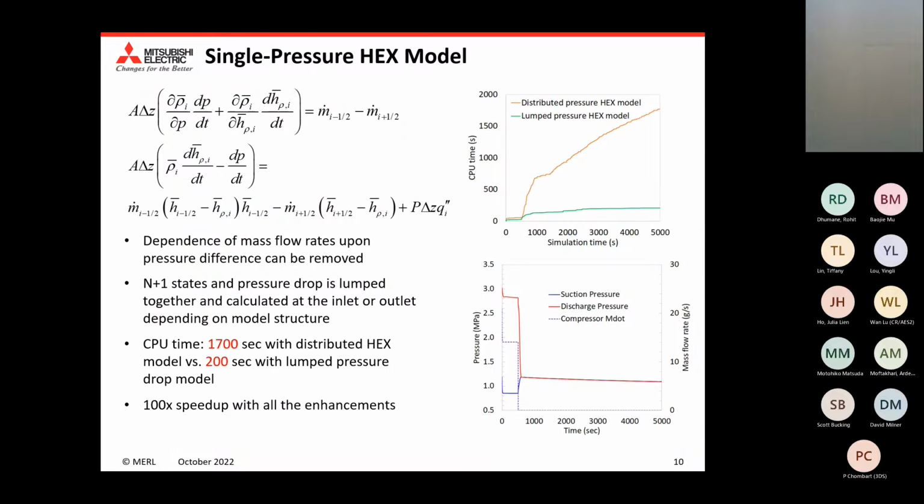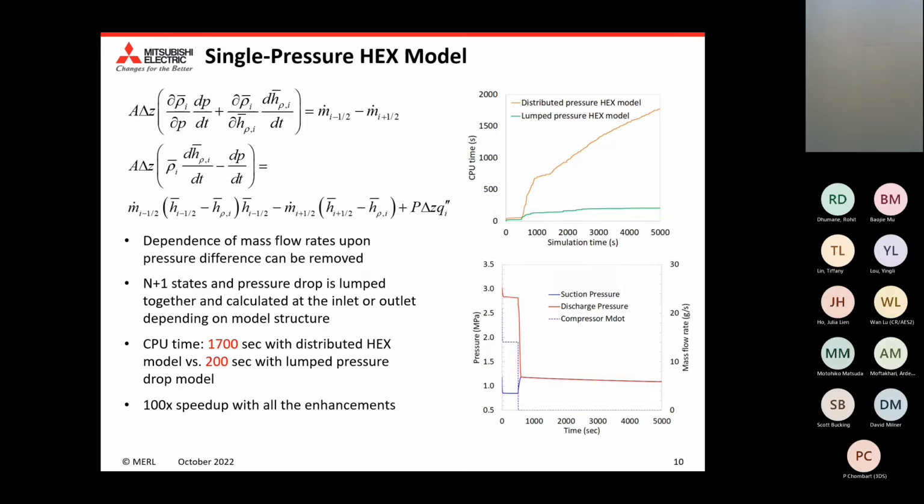For instance, we can just use a single pressure for certain control points, so that you only need one pressure state for the entire heat exchanger or pipe.